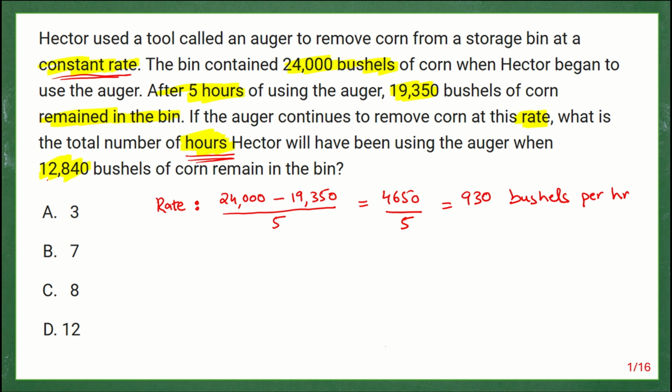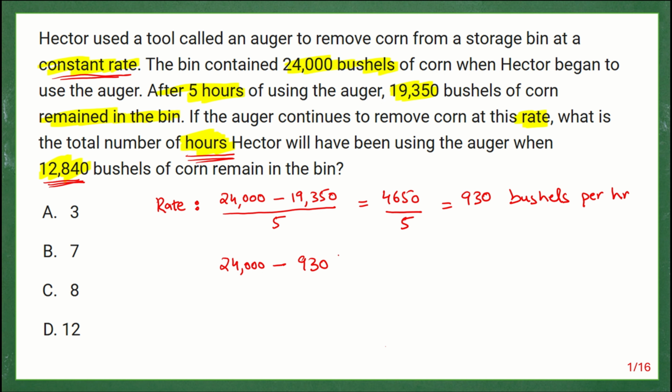And the end number of corn bushels that will be in the bin is 12,840. So let us write the linear equation here. We started with 24,000. We are removing at a rate of 390 per hour.